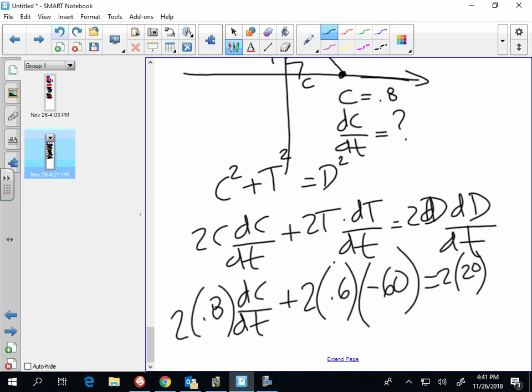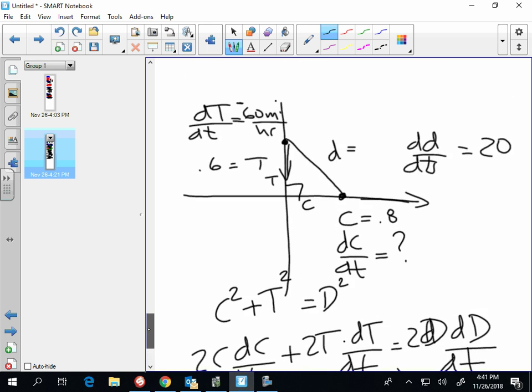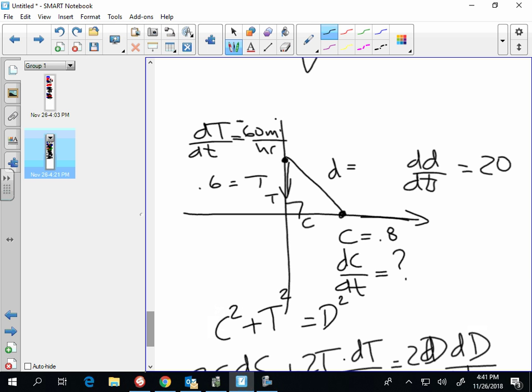But what about d? How am I going to find d? Well, let's go back up to the picture and say, if this is 0.8 and this is 0.6, how can I find this? Well, I could always use the Pythagorean theorem.